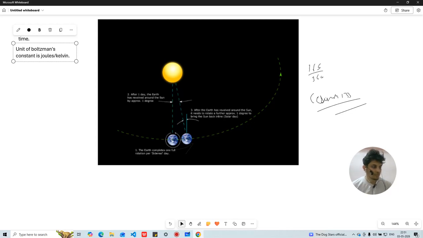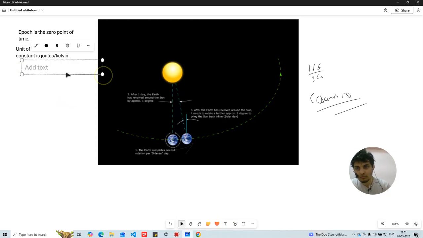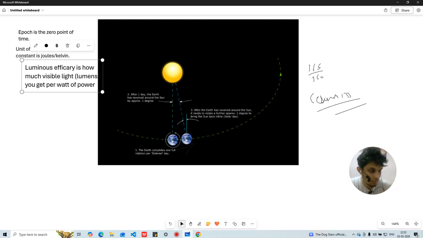Luminous efficacy is how much visible light, in lumens, you get per watt of power. Lumens per watt.